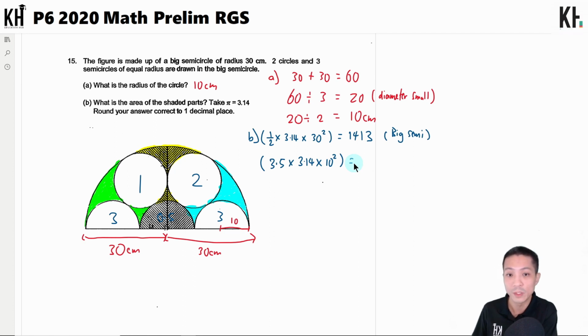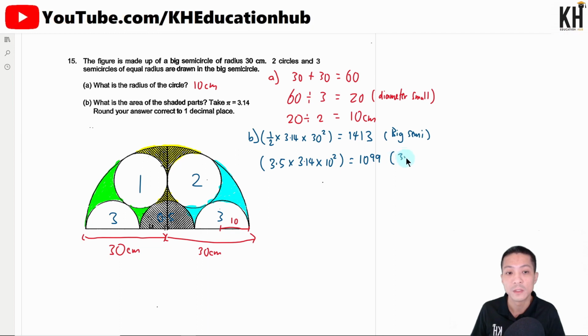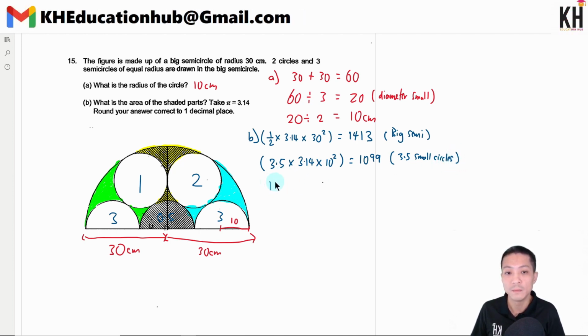This is going to be equal to 1099. This is the 3.5 small circles. Then I'm going to do 1413 minus 1099 and then divided by 3.